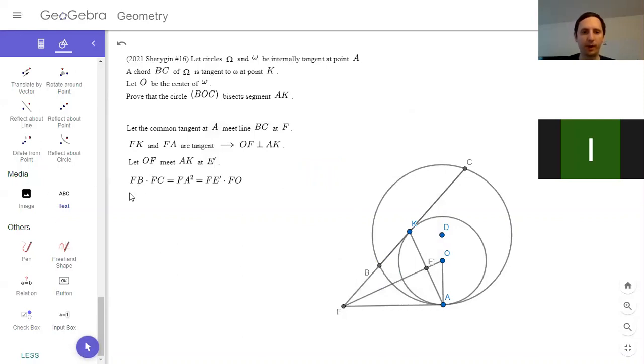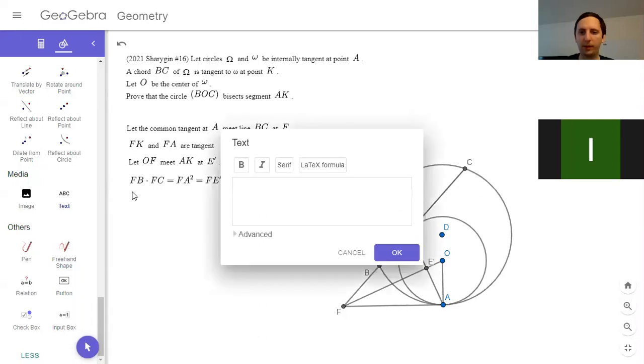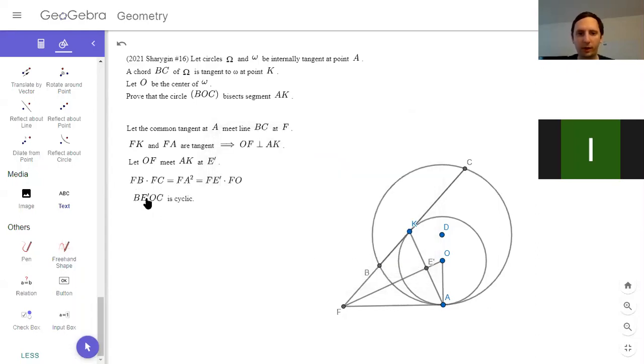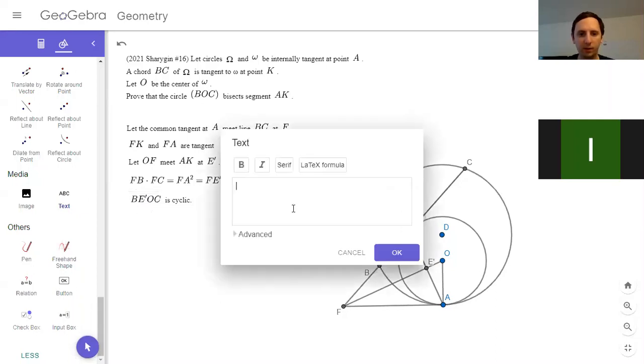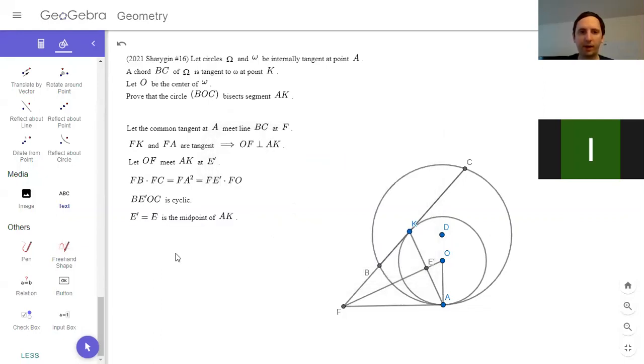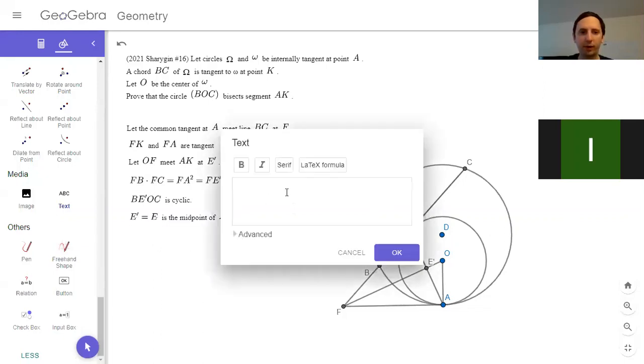And so that means that BE prime OC is cyclic. So E prime equals E. I'll say E prime equals E is the midpoint of AK. Yeah. And that basically solves it. I'll just write it out.